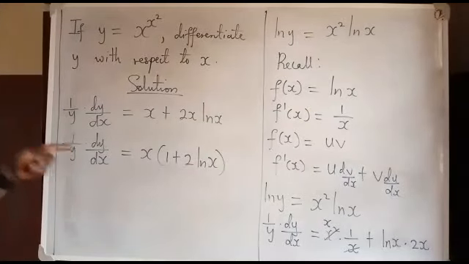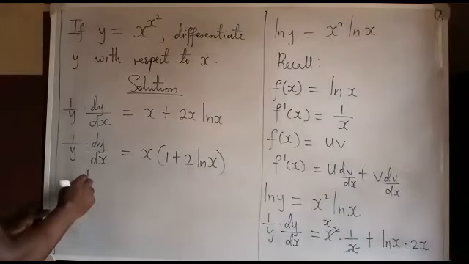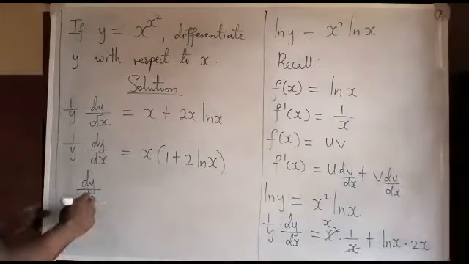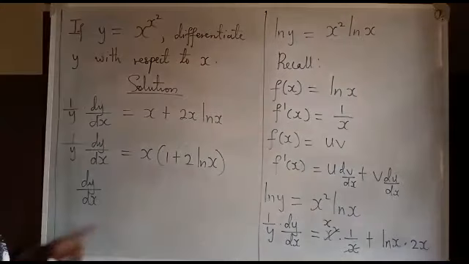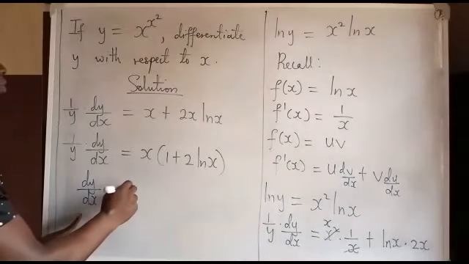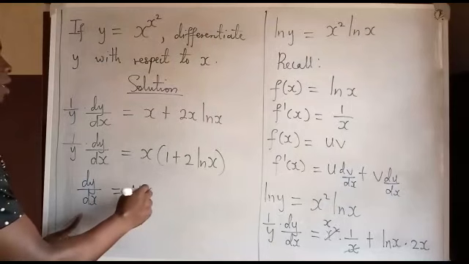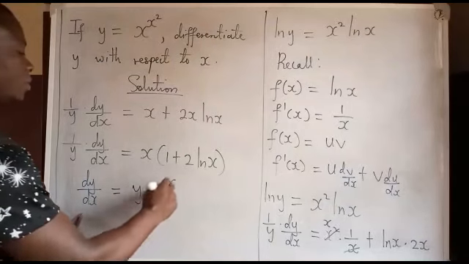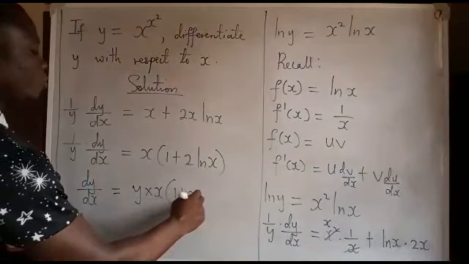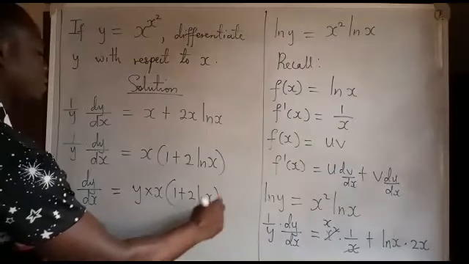Okay, so we now make dy dx the subject. So y has to multiply this, so that will be equals to y times x into 1 plus 2 ln x.